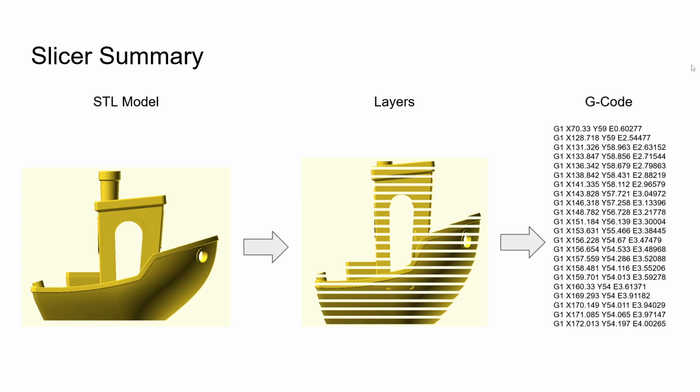What happens in a slicer is typically, I mean, nowadays you can use things other than just STLs, at least I think. Anyways, I know for a fact you can. But generally, something like an STL model describes the geometry of your part.